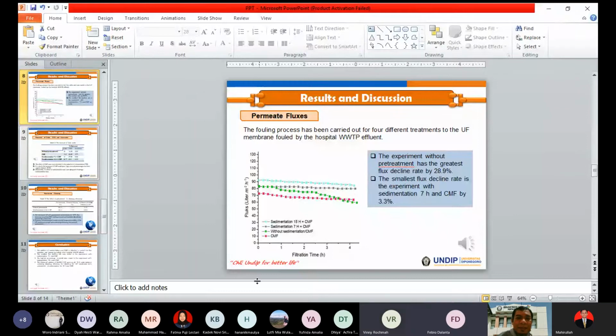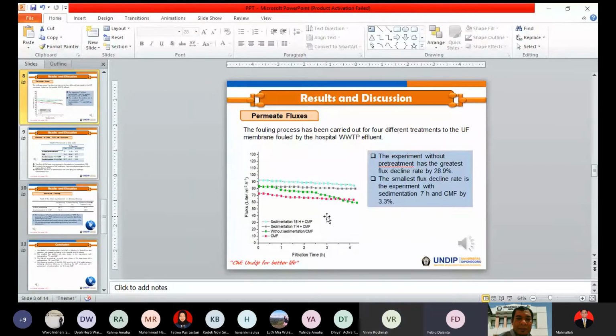As usual, with 15-hour sedimentation most of the particulate should be precipitated, but it produced a smaller reduction than the 7 hours.